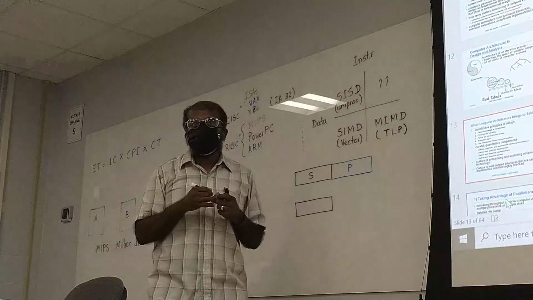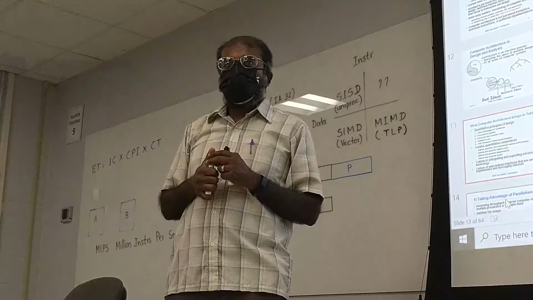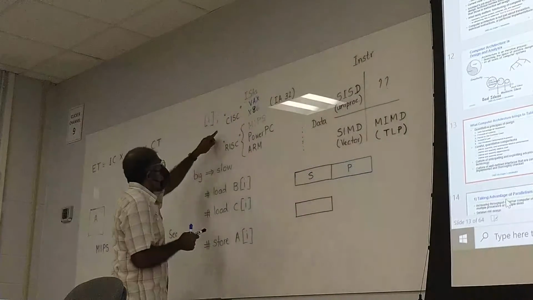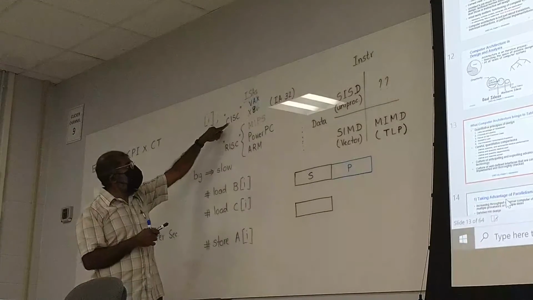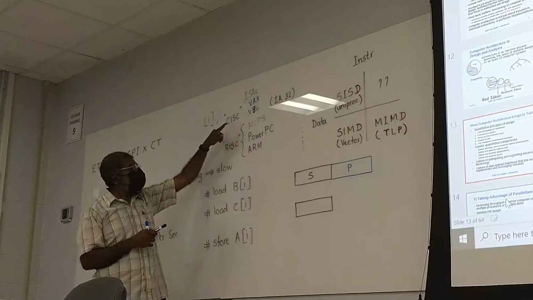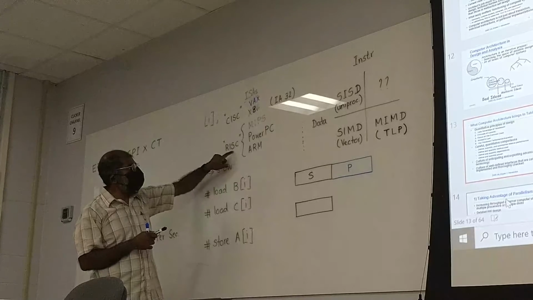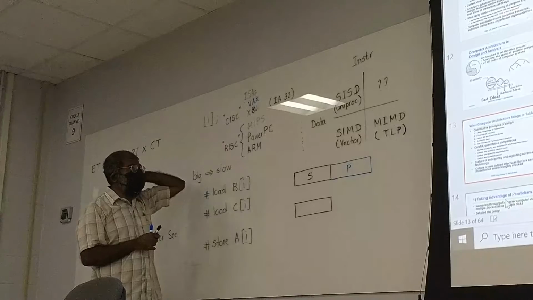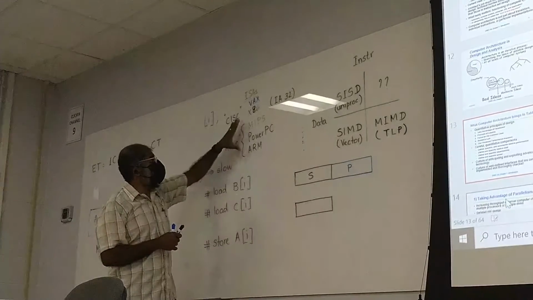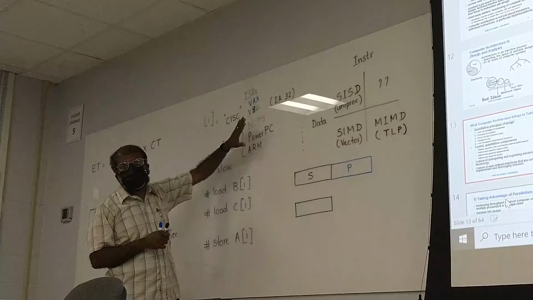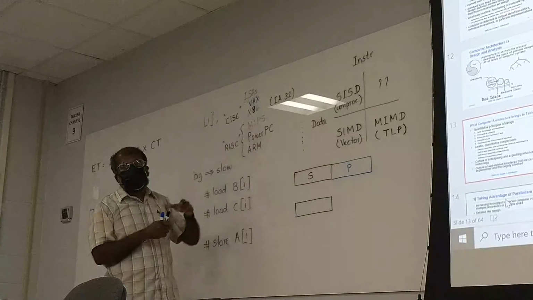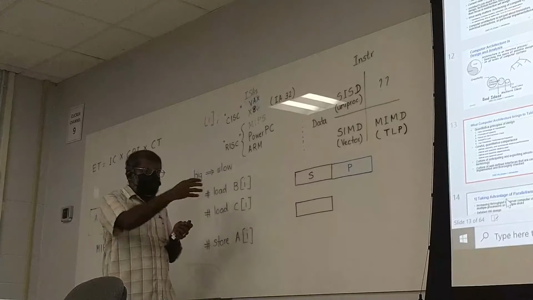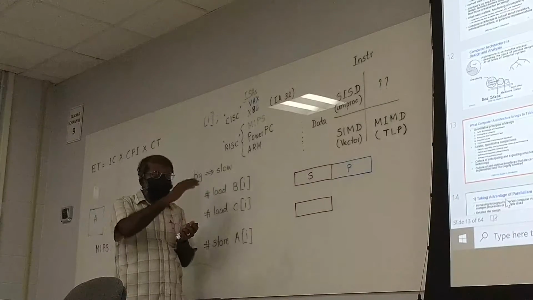Could you explain what CISC and RISC is? They stand for complex instruction set computer and reduced instruction set computer. What that means is RISC will have only very simple instructions, so each instruction is probably not doing much, like just getting something from memory or writing something to memory.